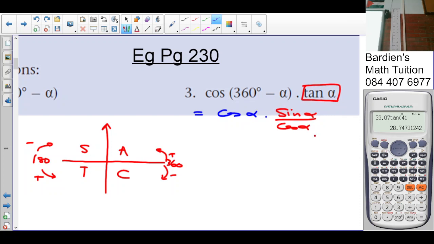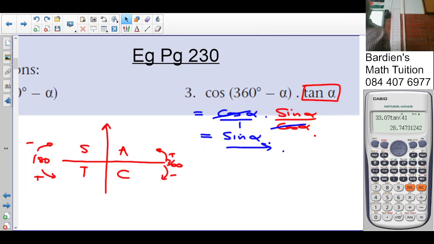You see that, people? Sin alpha over cos alpha, that's over 1. So what can happen? Cancels, leaves you with sin alpha. So you know that cos alpha times tan alpha is sin alpha. But then you must know the rule, it's fine.